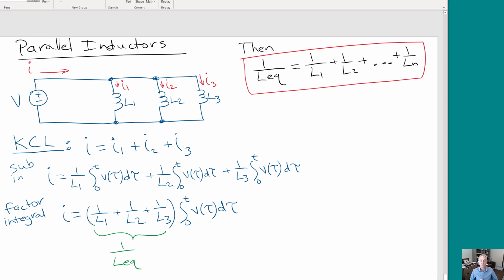So that's the same form as for parallel resistors. And if we had n equal valued parallel inductors, the equivalent would be just like for resistors, L divided by n. That's it for an introduction to inductors, and next I will do an example doing the inductor waveforms.